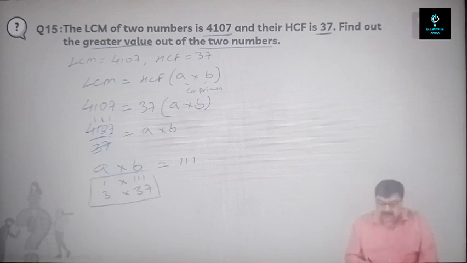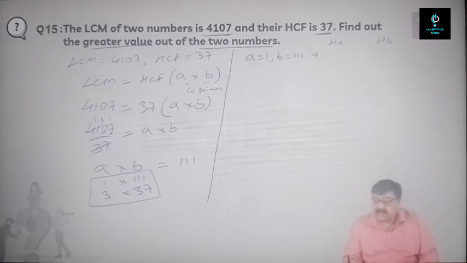So let us take both the pairs here. When we take A is equal to 1 and B is equal to 111, in that case, first number HA and second number HB becomes 37 into 1 and 37 into 111. So this gives us 37 and 4107.